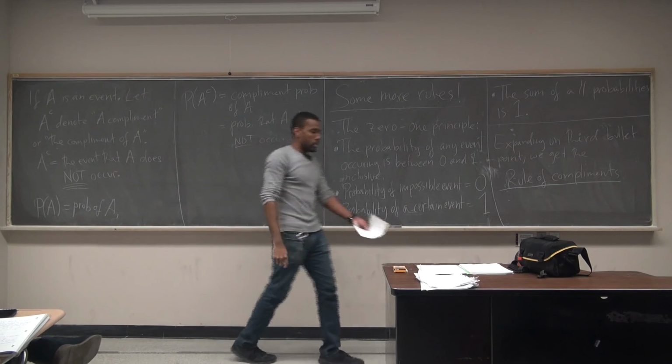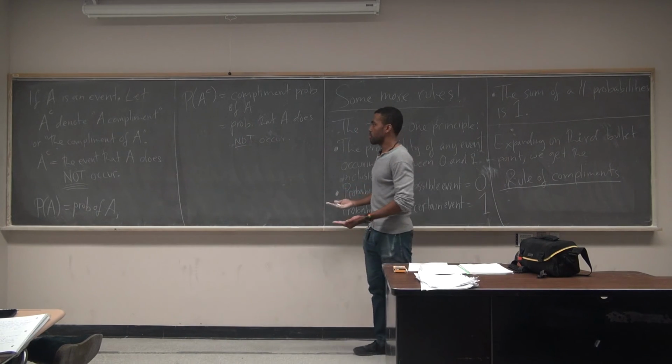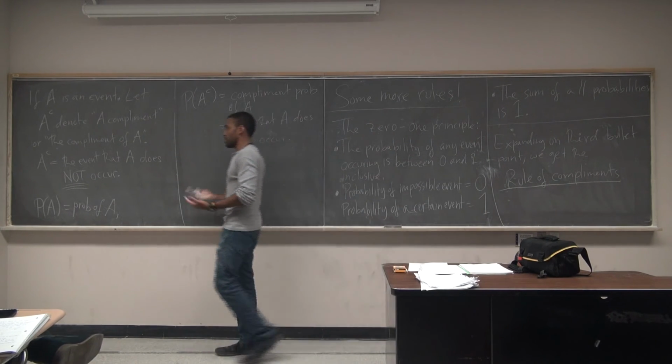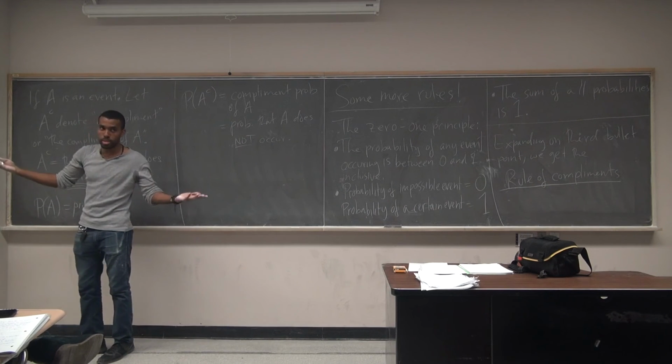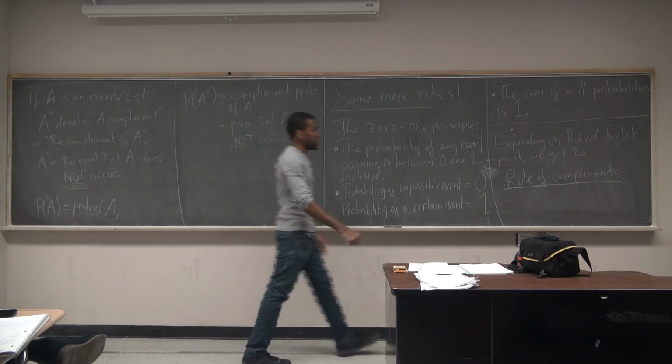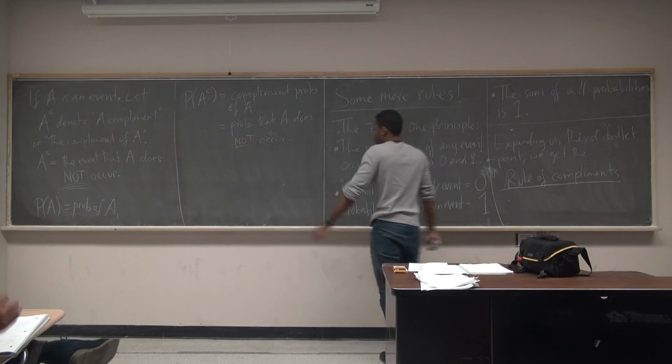Now think about it: for a given event, what are the possibilities? It can either occur or not. There are only two possible cases in terms of occurrence.